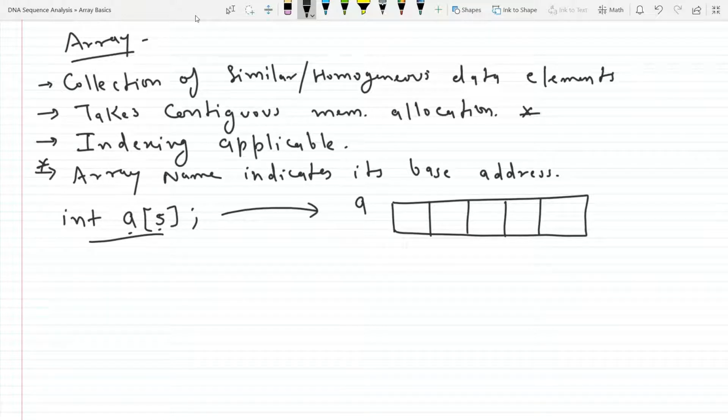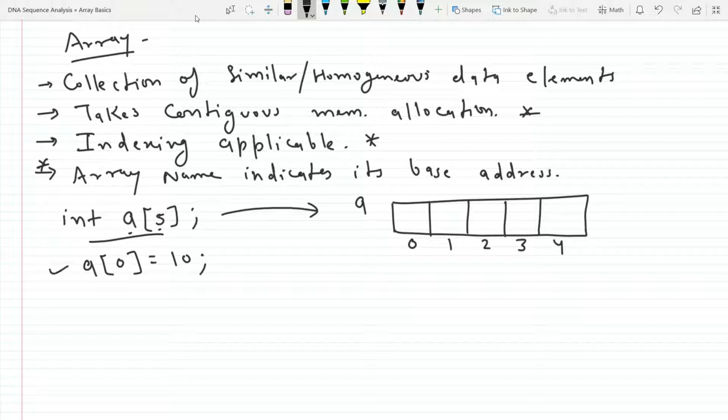Indexing applicable is also valid, because each and every cell has a unique index. So this is index 0, this is 1, this is 2, this is 3, and this is 4. Now, for example, I want to store some value, say 10, in the 0th cell.